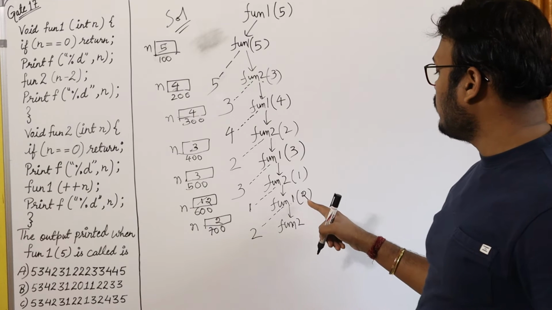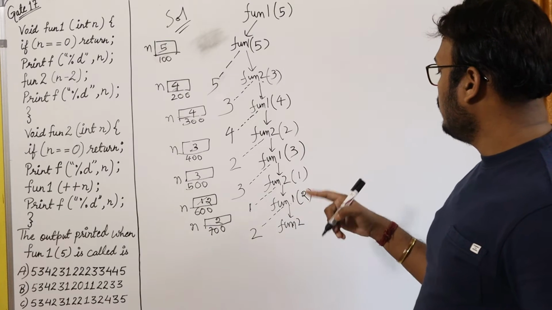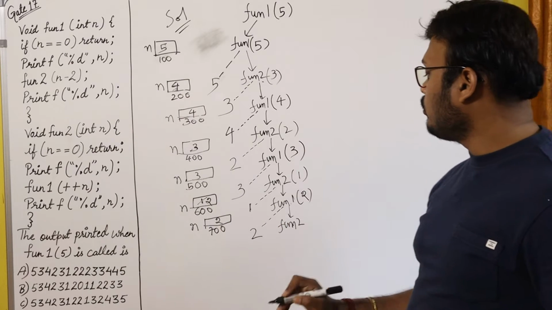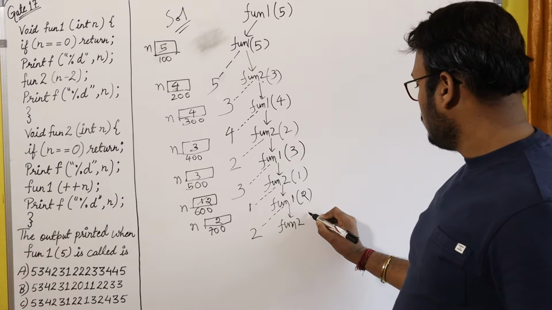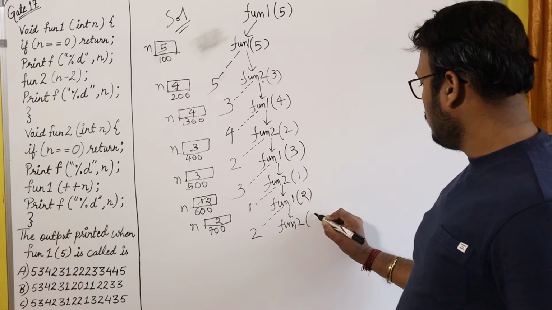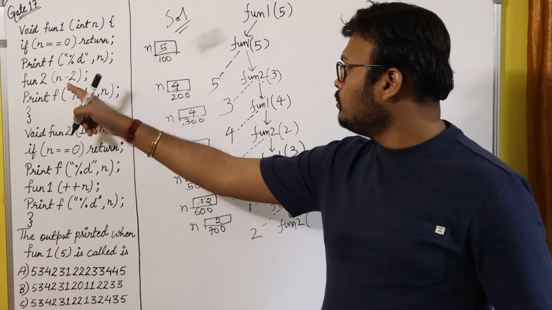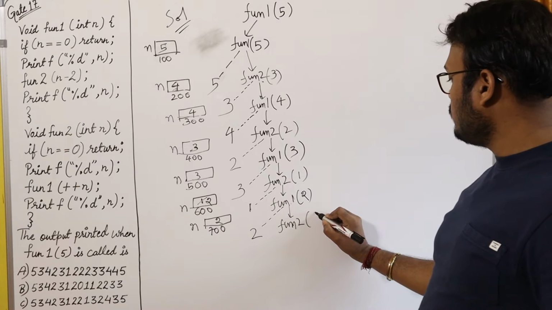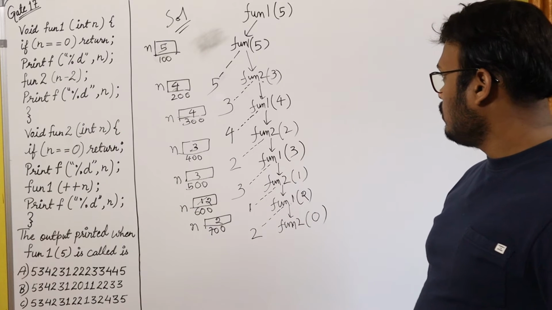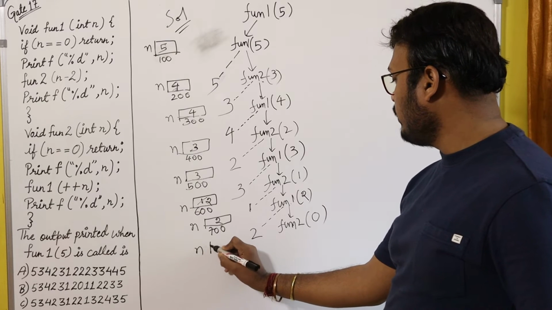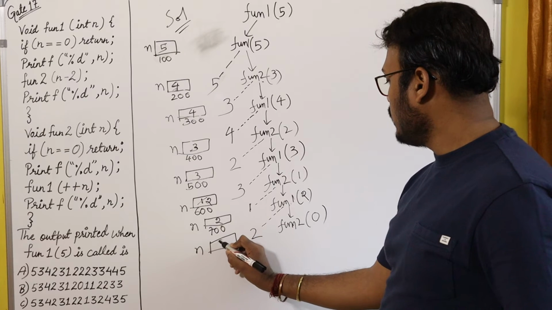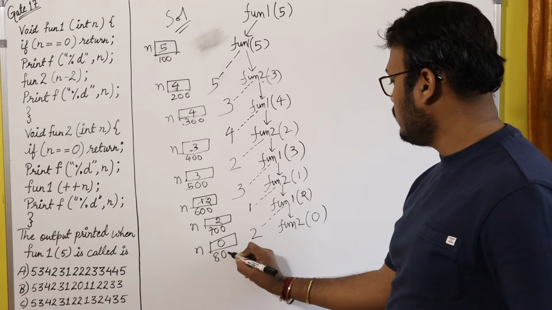N minus 2 means whatever the value is, just subtract 2 from it. So 2 minus 2 will become 0. And a new local variable for fun2 will contain 0 with address 800.